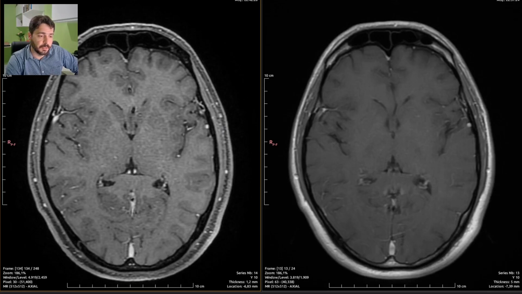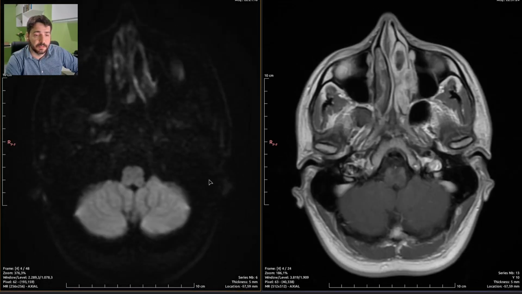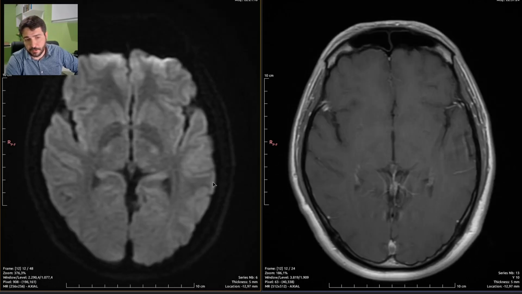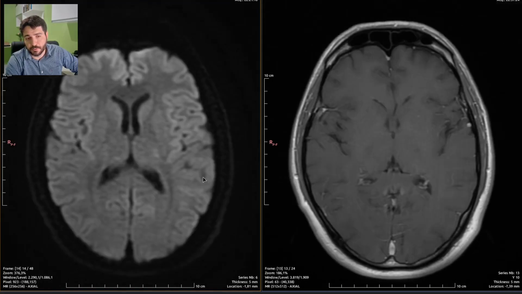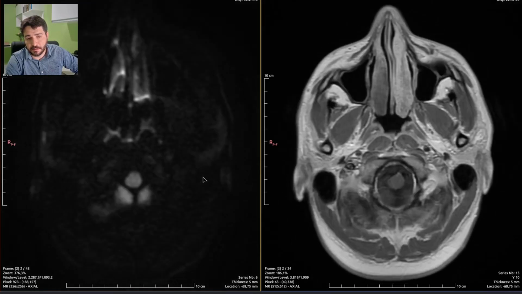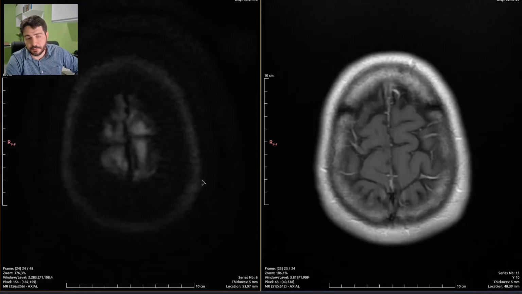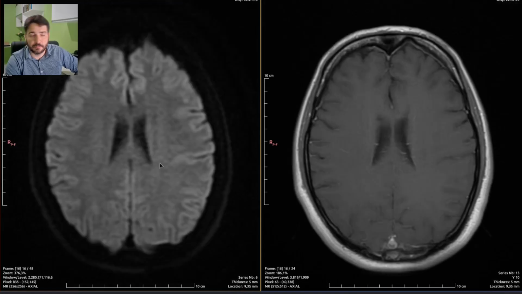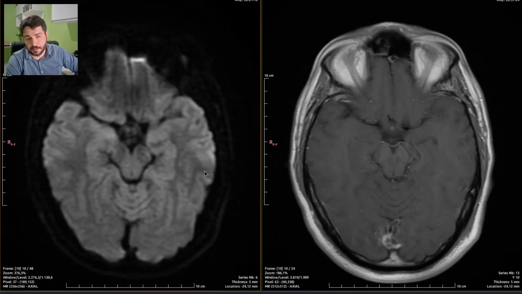So where is the diffusion? I need a diffusion sequence. Come on, no diffusion. Right here, diffusion weighted sequence is for an ischemic lesion or a tumor or an abscess or a hypercellular lesion of any kind.